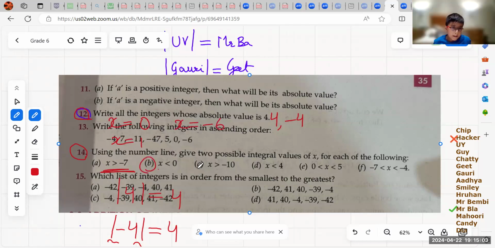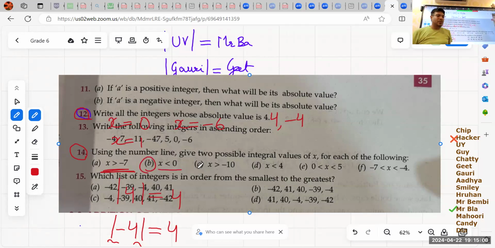Second question, x is less than 0. Give me two integer values in which x is less than 0. -1000, -10,000. Okay, fine. Everyone give me the answer for the C part in the chat. Two integer values quickly.